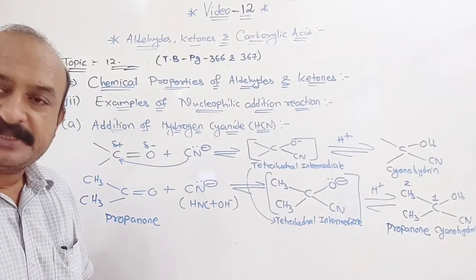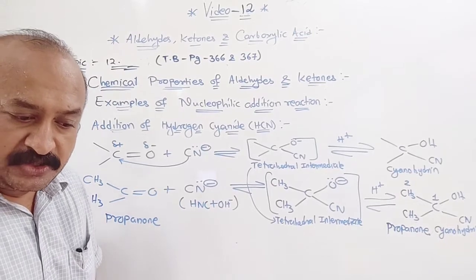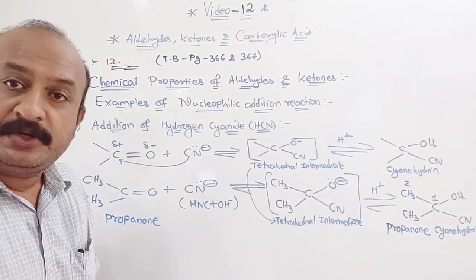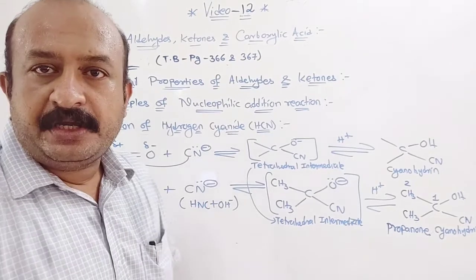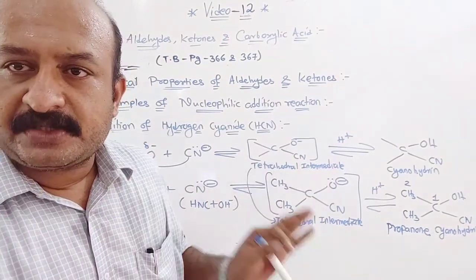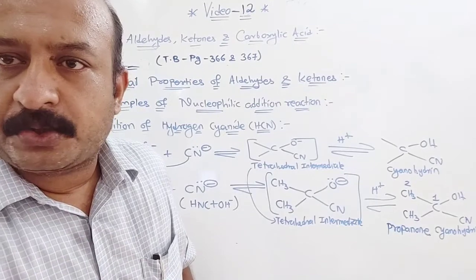In the same way, in your textbook the second part is the addition of sodium hydrogen sulfite. Same thing it is, with a little difference that I am going to explain.